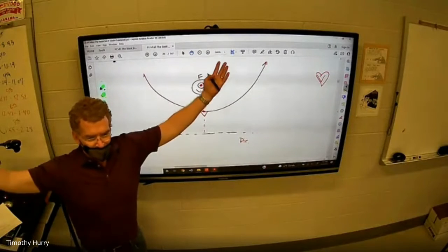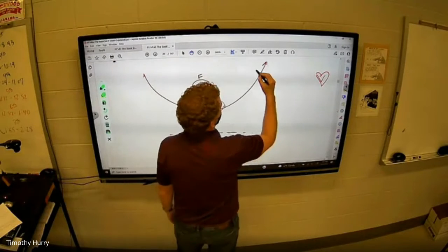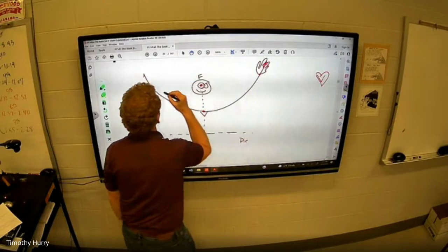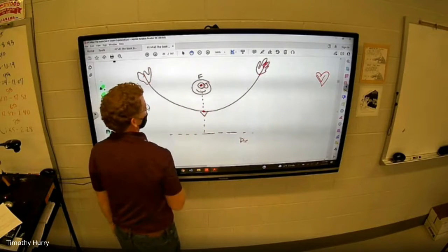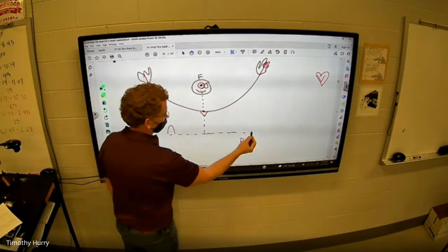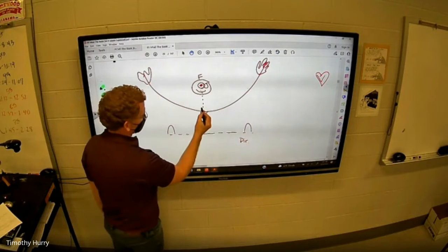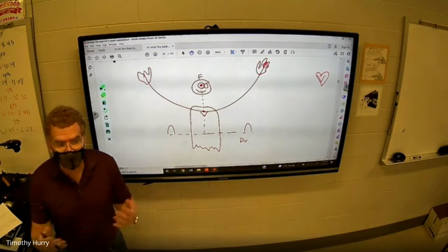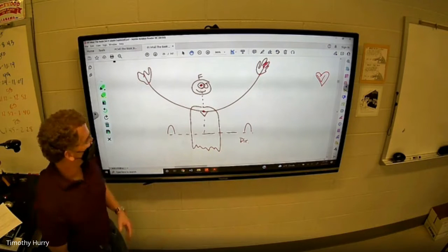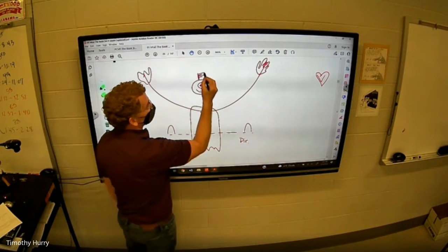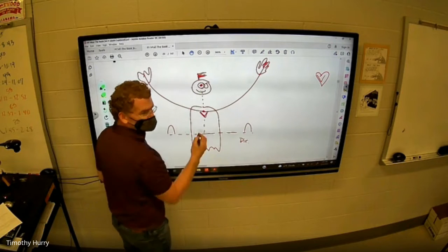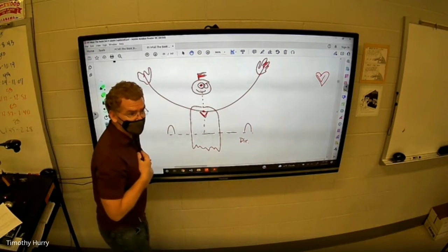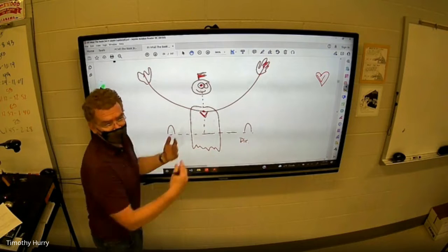I used to make him like Superman, but you could just make him a really happy dude doing the splits, cape, whatever. But the point is, if you can visualize, I told you it was lame, but it might be helpful. Focus with your eyes. Vertex is your heart. Focus, vertex, directrix, whatever works for you.